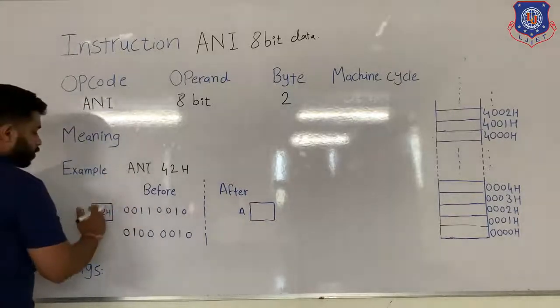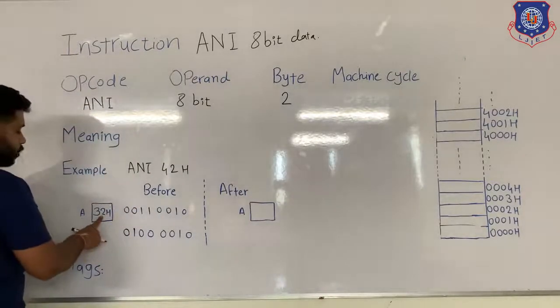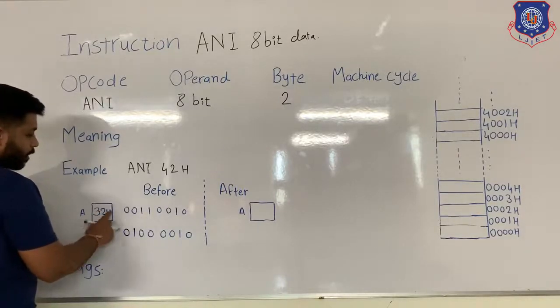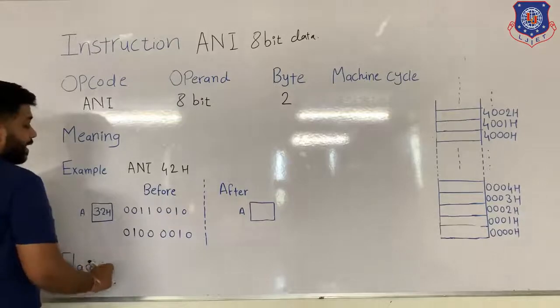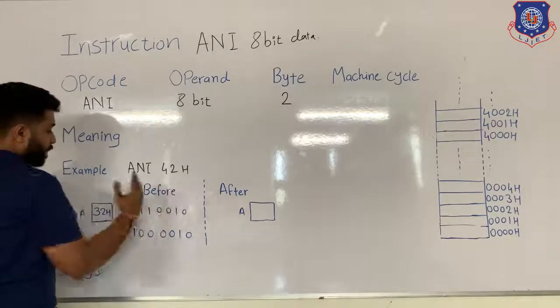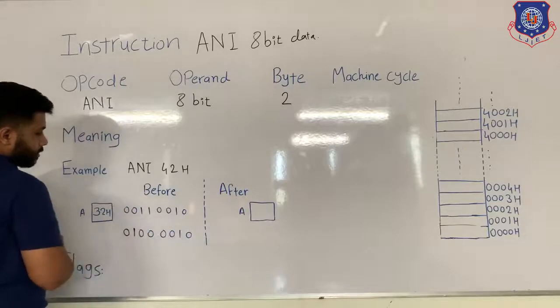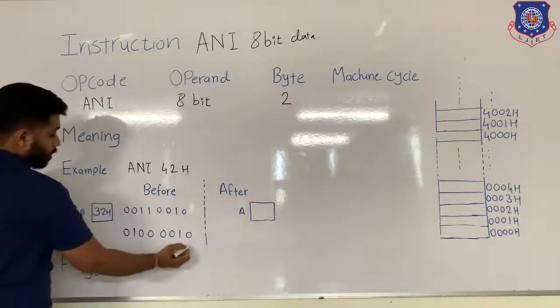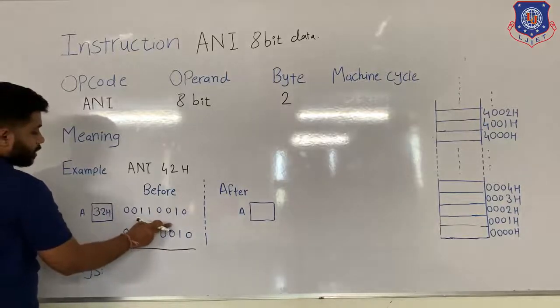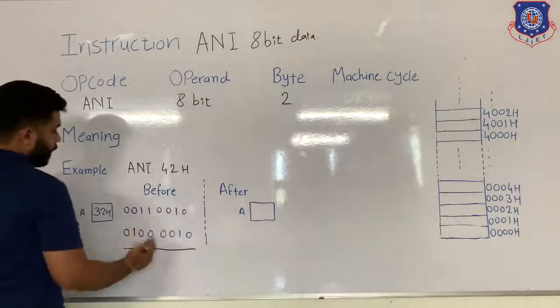Let's say before the execution the content of the accumulator is 32H. I have represented this hexadecimal number in binary, and I have represented 42H in binary. So before execution we have some data like this.